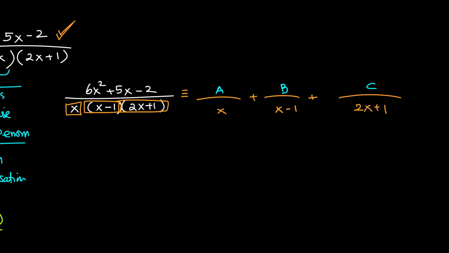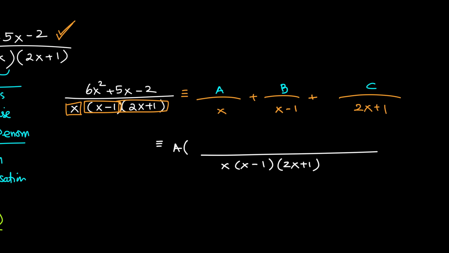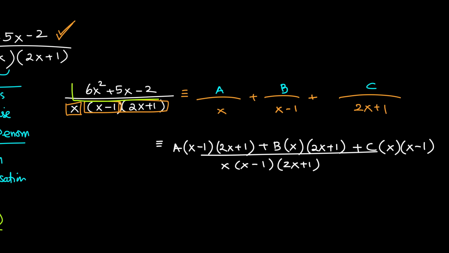Now let's start taking LCM. So the LCM is x, x minus 1, 2x plus 1. A is multiplied with x minus 1, 2x plus 1. B is multiplied with x, 2x plus 1. Basic algebra from basic math. And C is multiplied with x, x minus 1. Now this whole numerator equals this whole numerator.